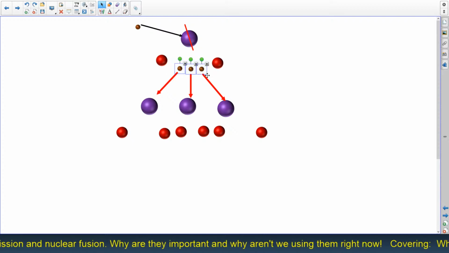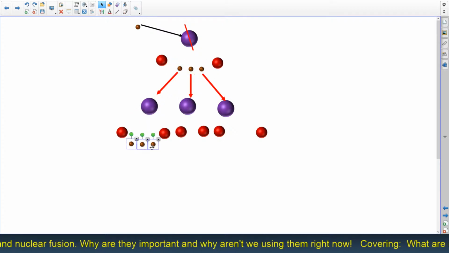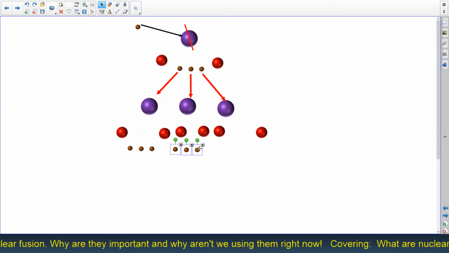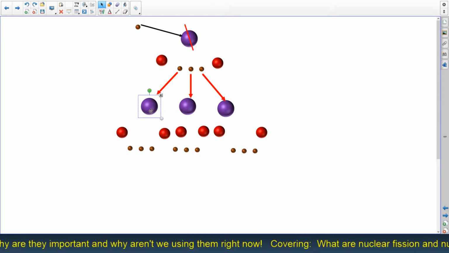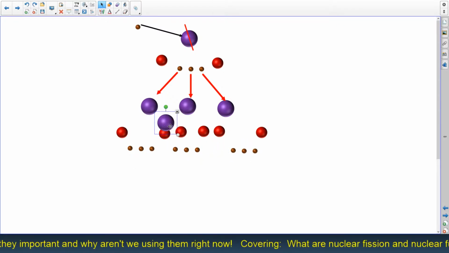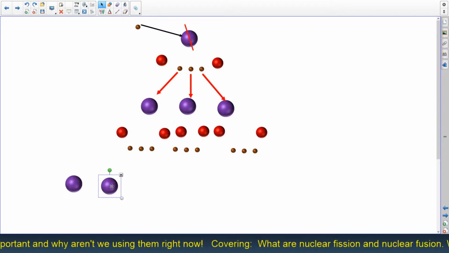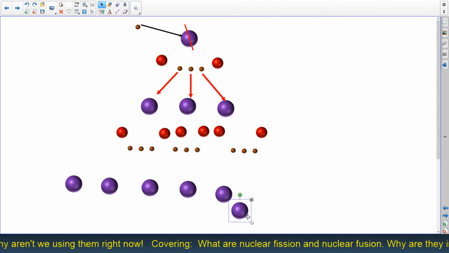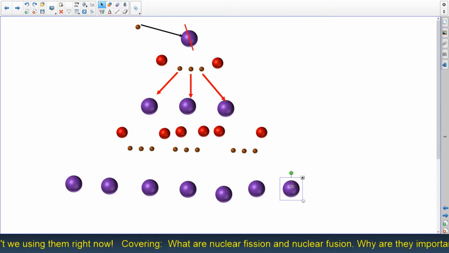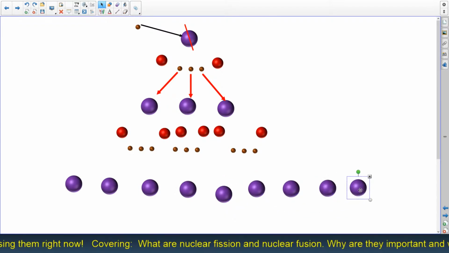But each of these then will also produce 3 more neutrons, which means my next layer down is going to have 1, 2, 3, 4, 5, 6, 7, 8, 9 of these.